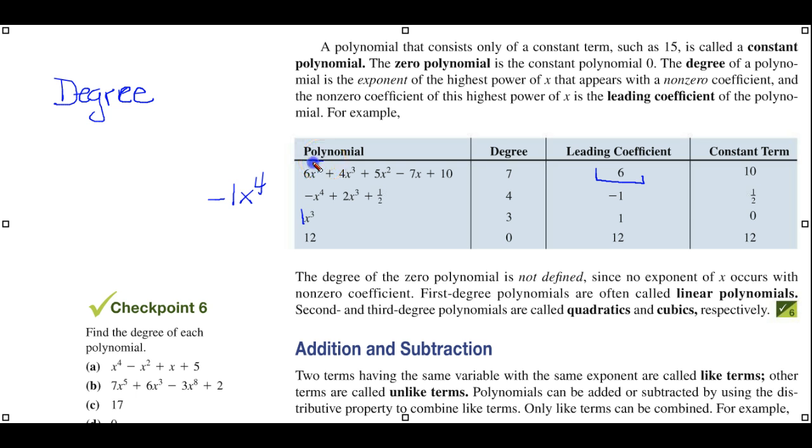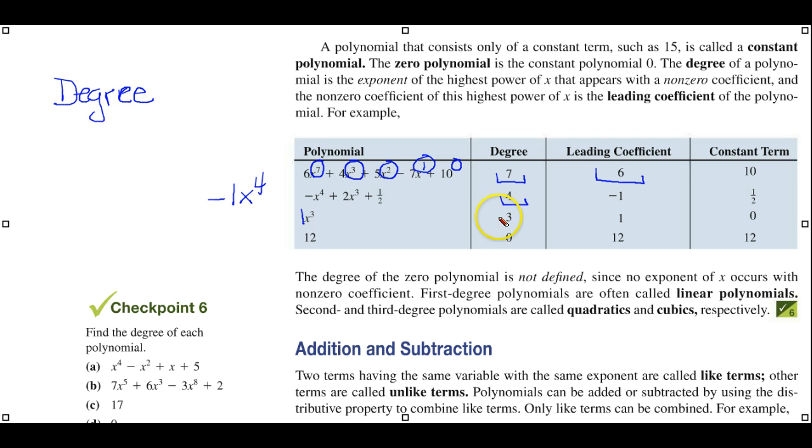So here we see the degree of this is 7, the degree of this one is 3, this one's 2, this one's a 1, and here there isn't any, so that's 0. So the highest degree of any term in a polynomial is the degree of the polynomial, which in this case is 7. In this case, looking at them, it's 4.